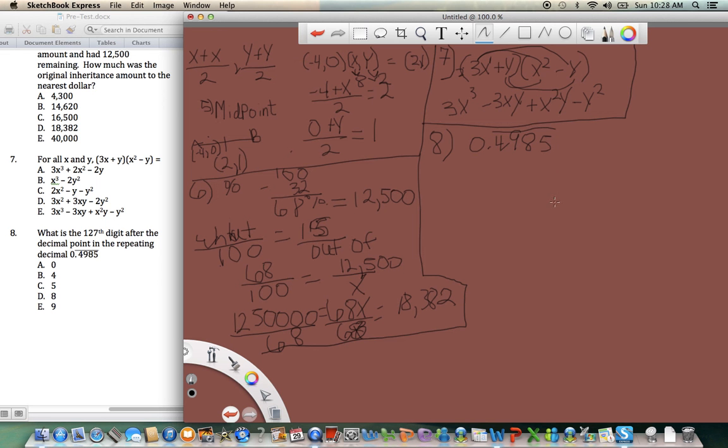Now I don't want to count by 4s all the way up to 132. So if you just took your calculator and tried to get as close as you can, and just take 127 divided by 4, you go ahead and do that, you'll see that you get 31.75, not a whole number, right?